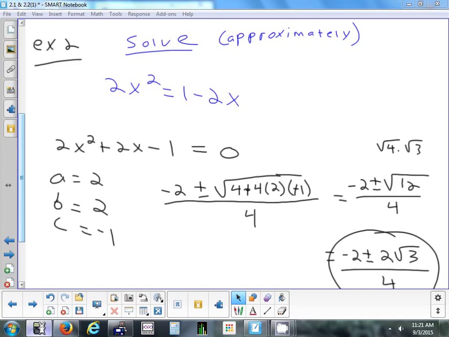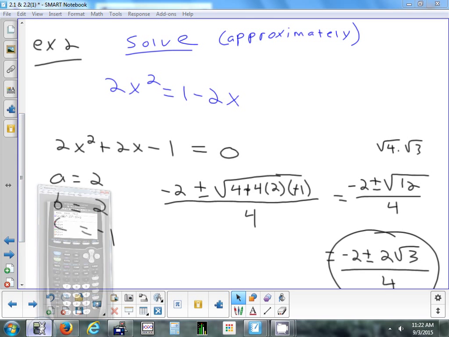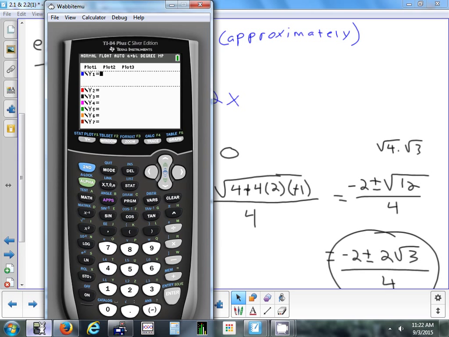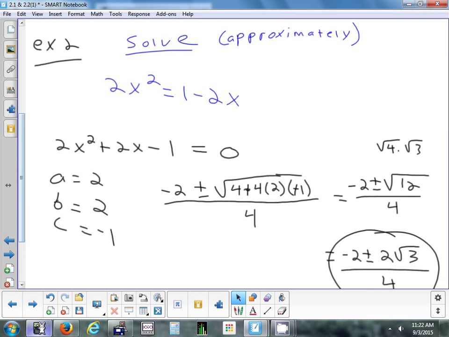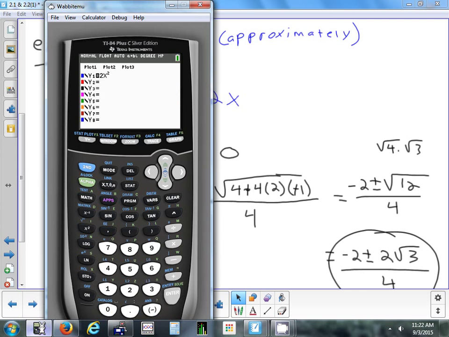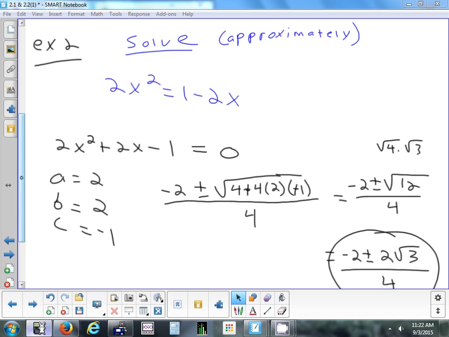Now, there's 2 ways you can solve it. One way is to type it in just the way it is. Put 2x squared in y1. Put 1 minus 2x in y2. And we're going to try to find where these 2 pictures are equal. What does that really mean? That's kind of a weird way to say it.